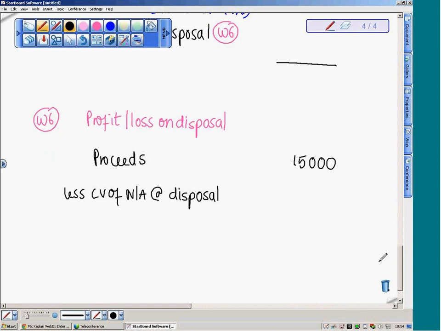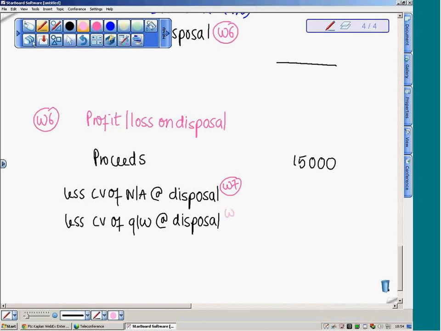To work out the carrying value of my net assets at disposal, I will reference another working. Okay. In addition to that, I need to deduct the carrying value of the goodwill of that subsidiary at disposal. Now, goodwill is normally calculated from an SFP perspective using a working 3.